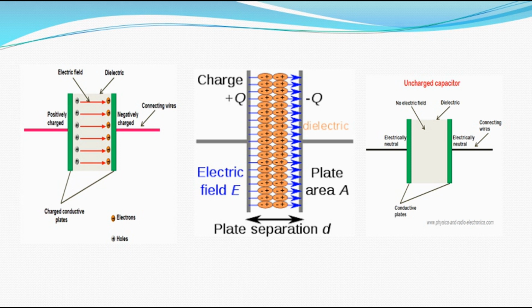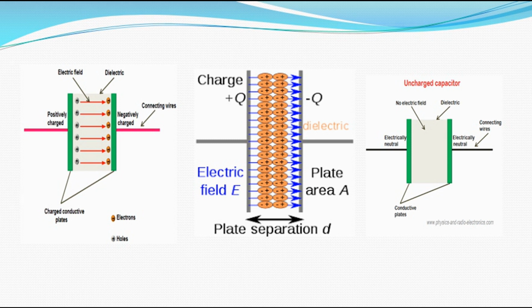In between that electric field is the dielectric, because it has a dielectric that will enable the positive to shift to negative, and also the negative to shift to positive.